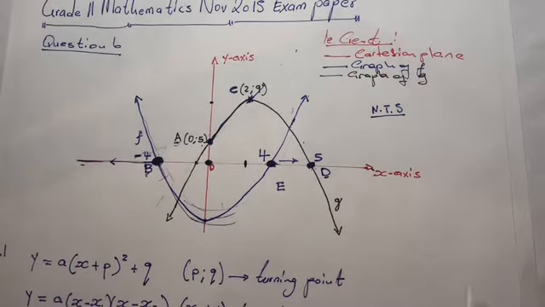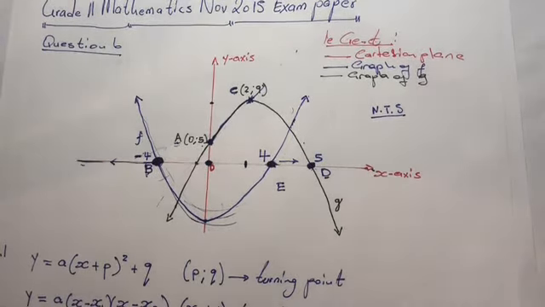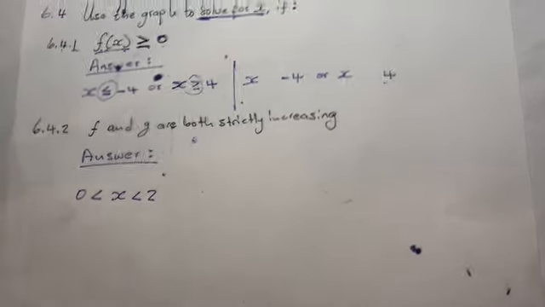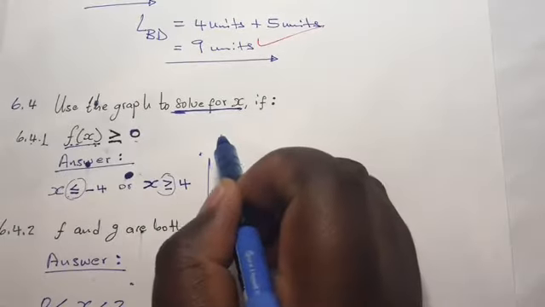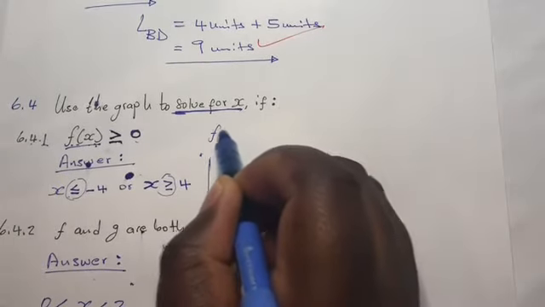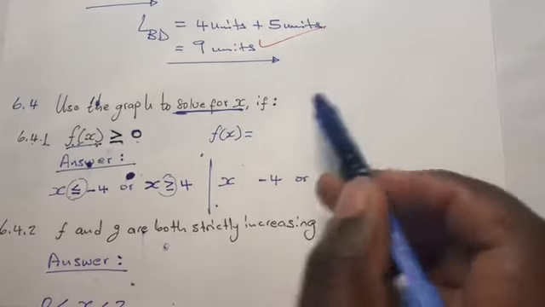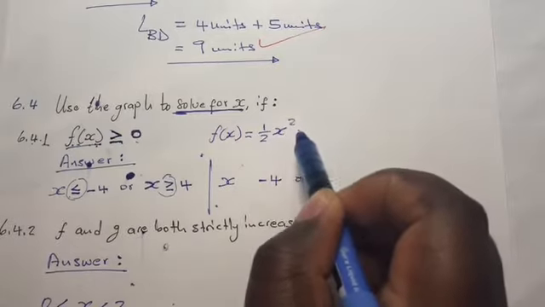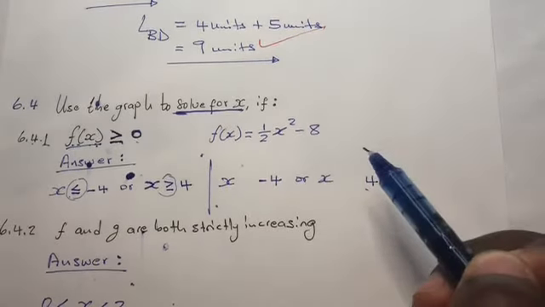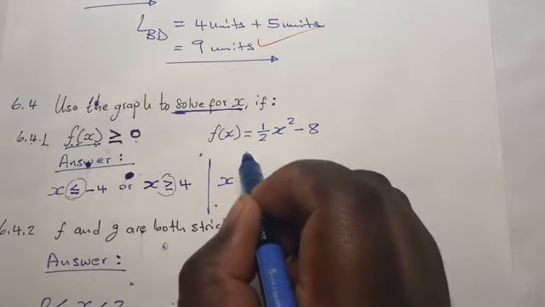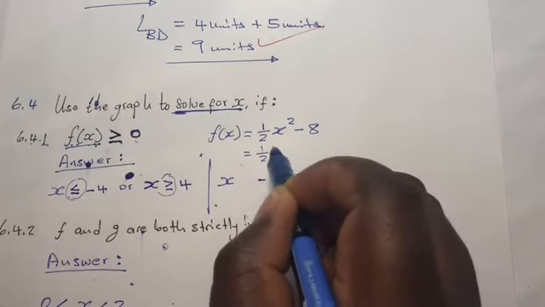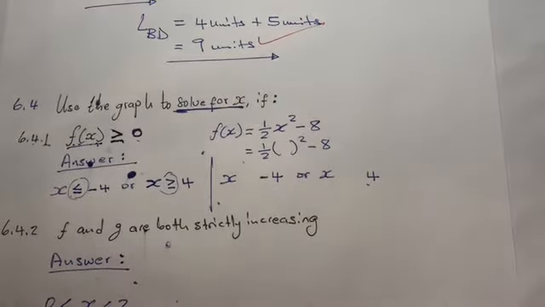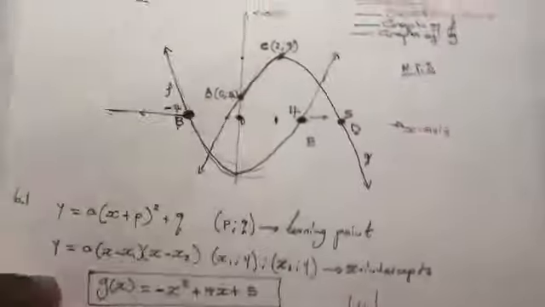Remember the formula for the graph of f. I'm not sure if you remember from the previous equation. Let me just write it here: f of x equals, if you remember, half x squared minus 8. We are going to substitute those values in place of x.